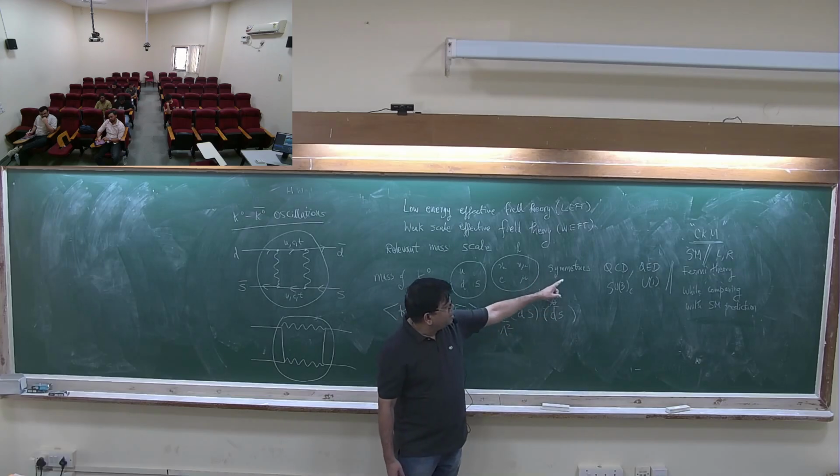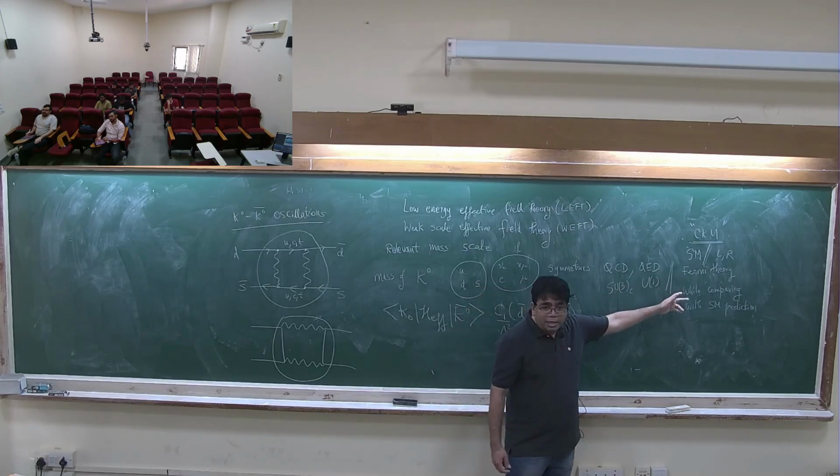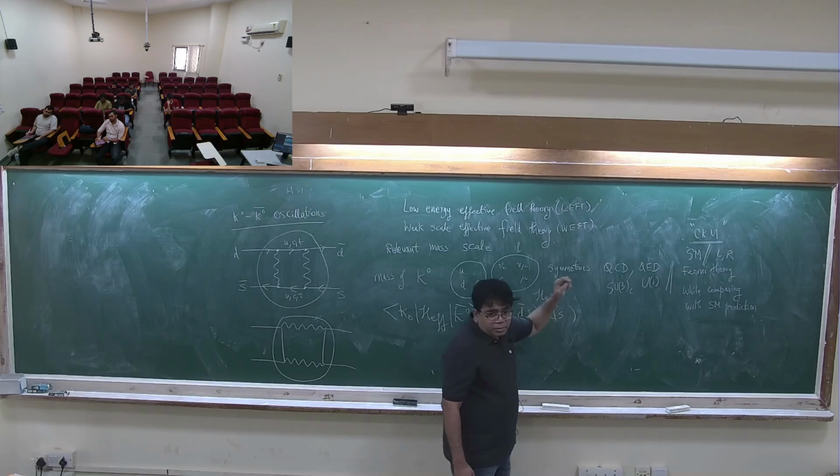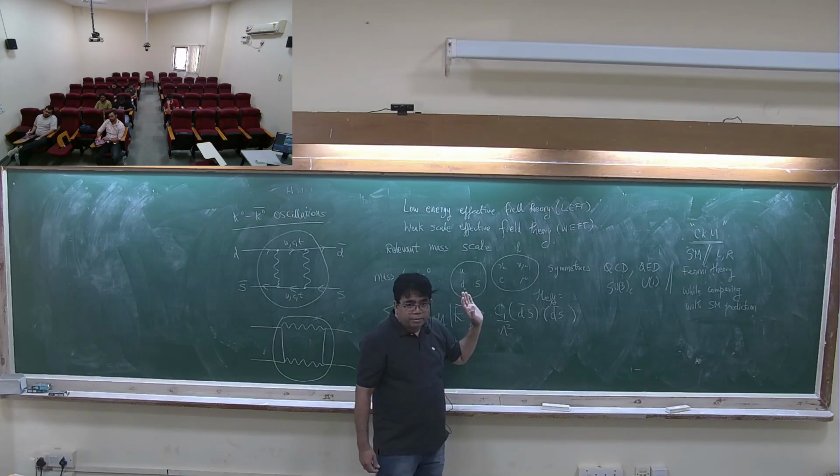So what are the symmetries? Because only QCD and QED. You don't even care for the present. Let's be a devil's advocate and say that I don't know if there is a standard model behind, I don't know if there is CKM behind or something, which is causing this. I'll write down all possible operators in this particular fashion.